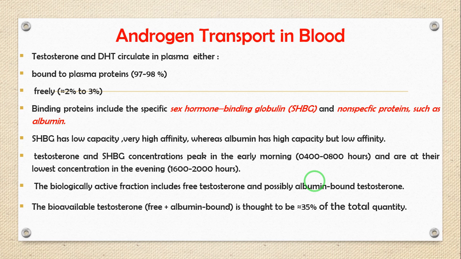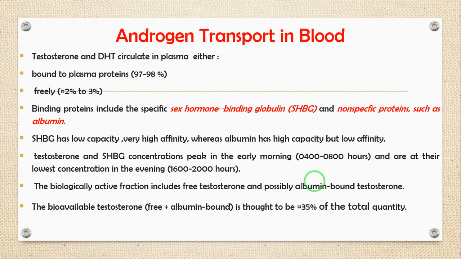Because the binding between albumin and testosterone is weak, it can be easily dissociated from albumin. So we consider that the biologically active fraction of testosterone includes both the free testosterone, which is already available in the circulation, and the albumin-bound testosterone. Why?